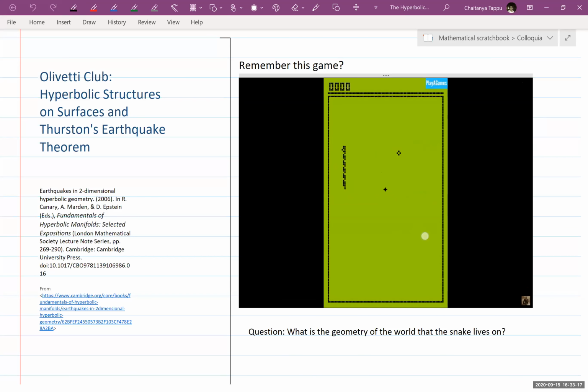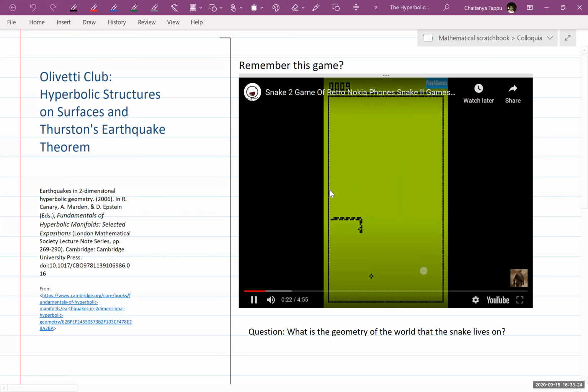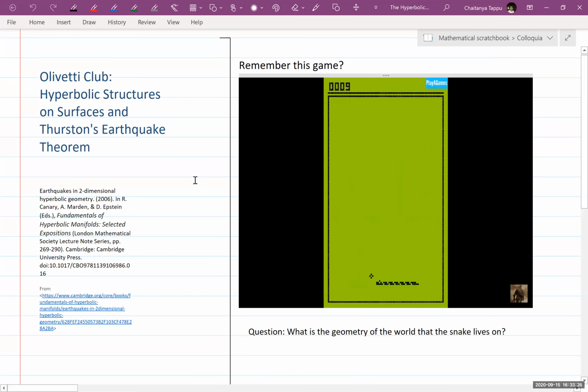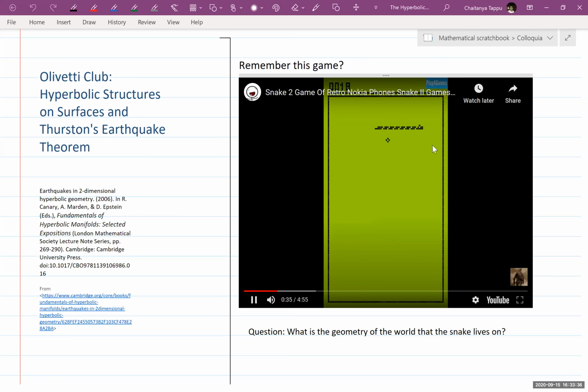I don't know if everyone did. This is a retro game called Snake on Nokia, if you never played this. The goal of this snake is to eat up these sorts of apples or whatever food and grow in length.